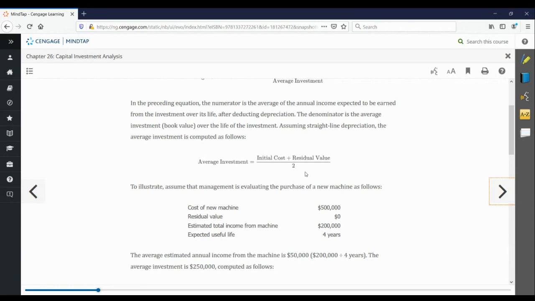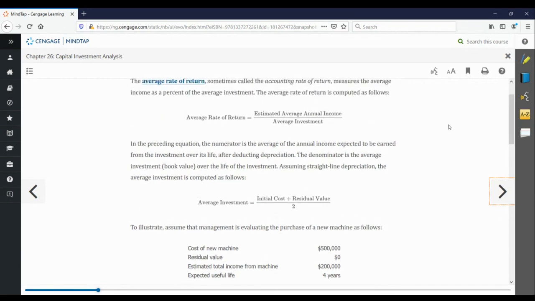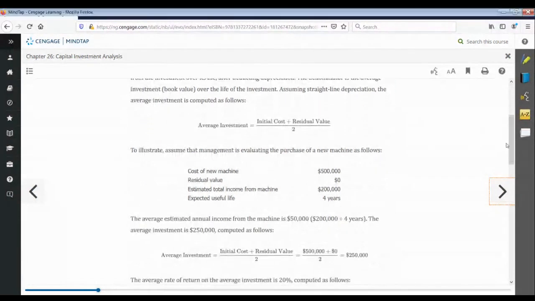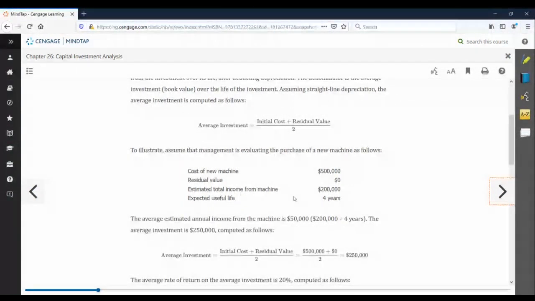That is the denominator. The numerator of this formula is to determine the estimated average annual income. So let's do that now. They have added all the income together for this company's asset that they are intending to purchase. They're purchasing a new machine, and they believe that that machine will have a useful life of 4 years.